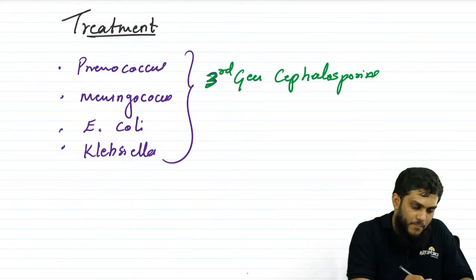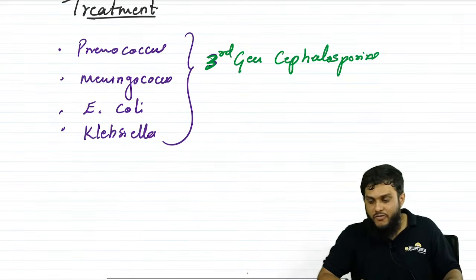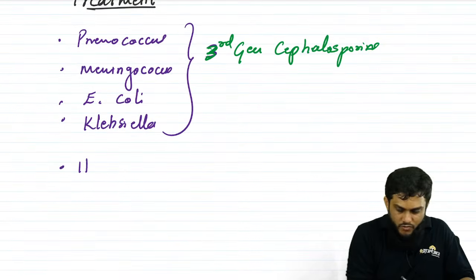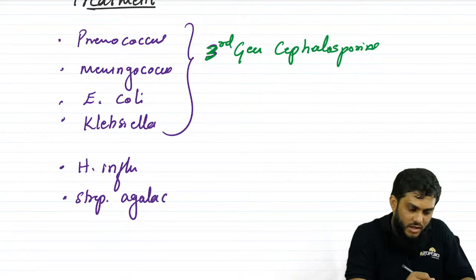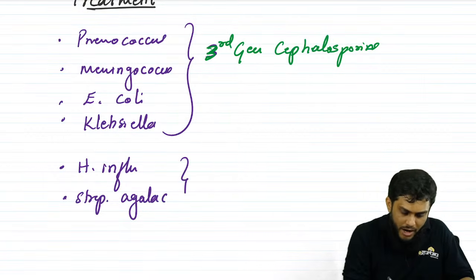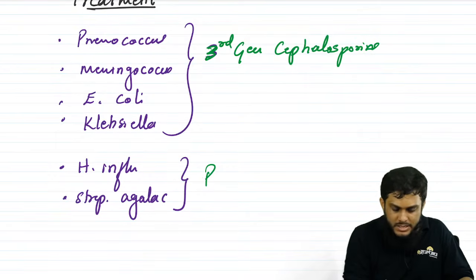Now, if we talk about the other bacteria, for example Haemophilus influenzae and Streptococcus agalactiae, these two bacteria are where penicillin is preferred.